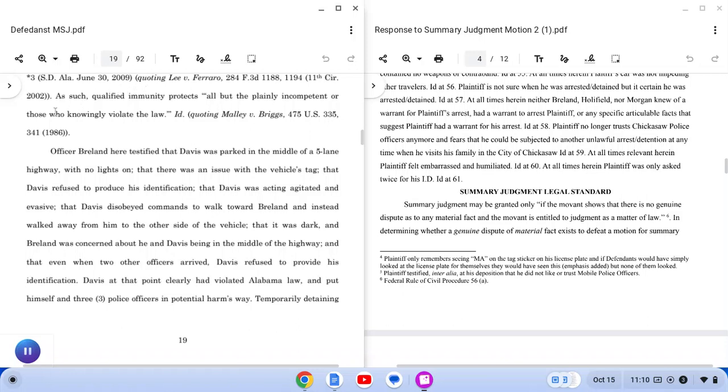Let's see. As such, qualified immunity protects all but the plainly incompetent or those who knowingly violate the law.